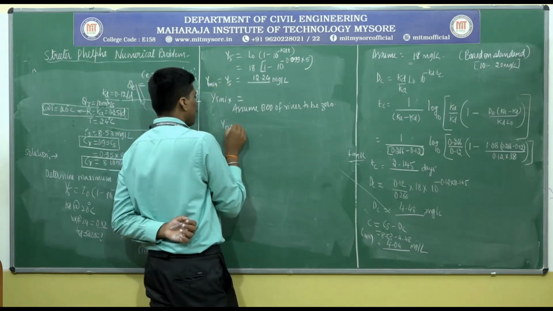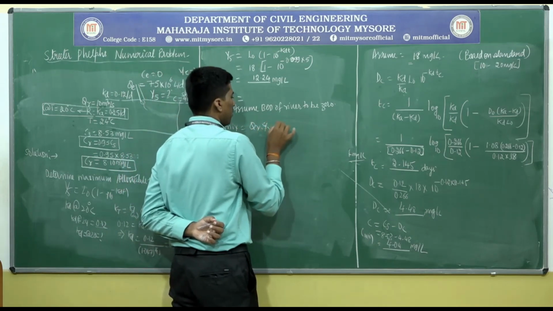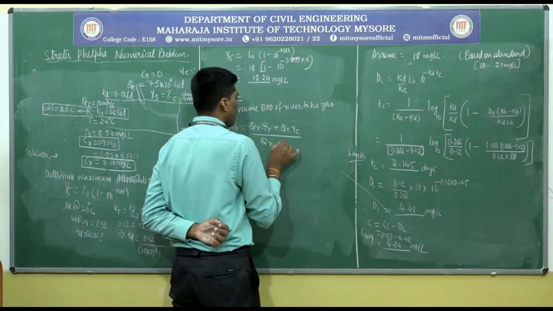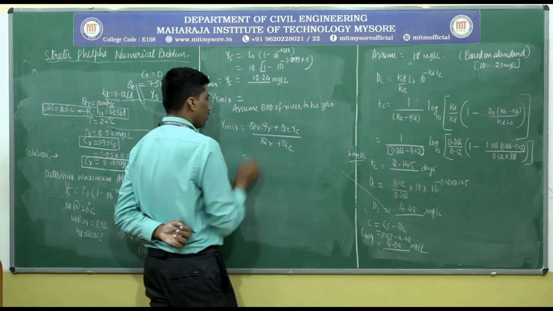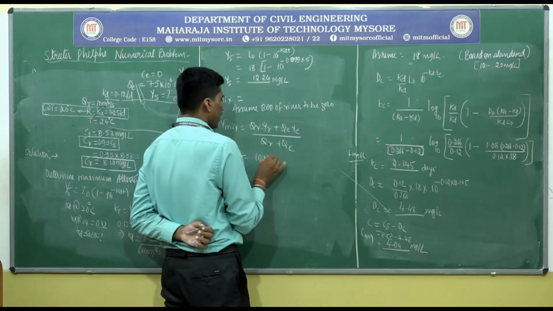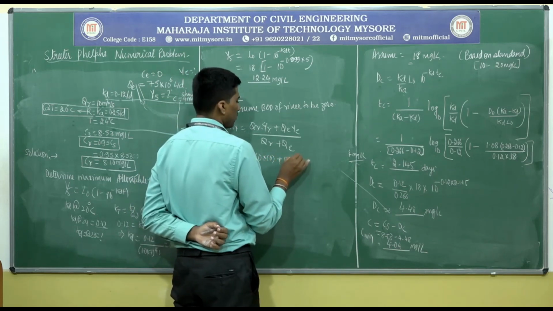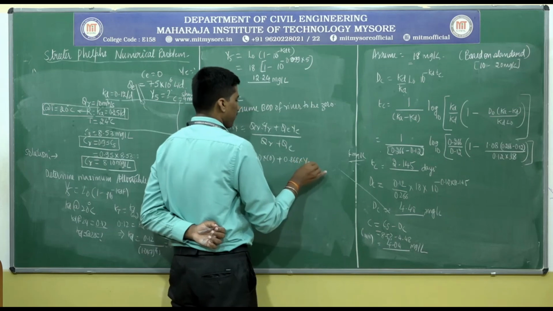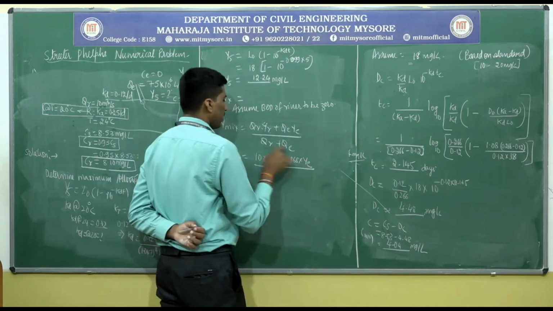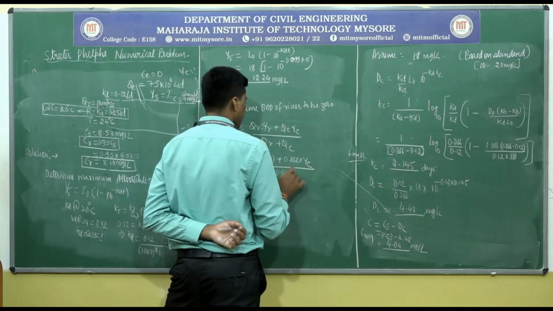So Y mix is equal to QR YR plus QE YE divided by QR plus QE. QR is equal to 10 into YR is equal to 0, plus QE is 0.868 into YE. This value is 12.24, divided by QR plus QE, which is 10.868.